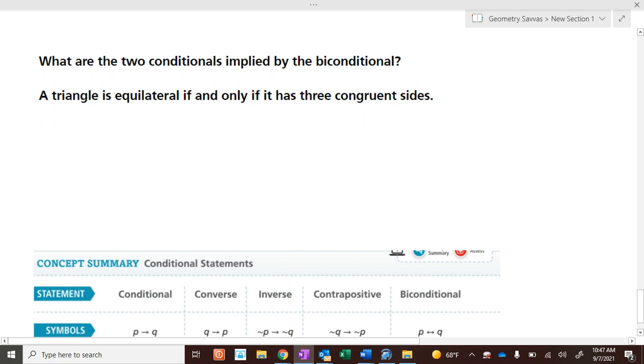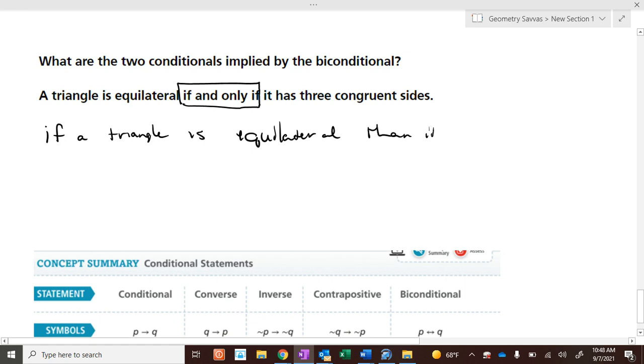So, what are the two conditionals implied by this biconditional? So, if and only if makes it a biconditional. The first conditional would be, if a triangle is equilateral, then it has three congruent sides. How would I write my second one?